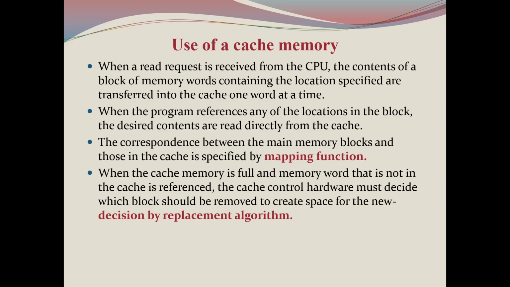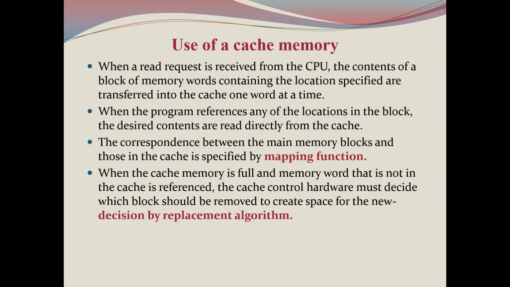So what is the use of a cache memory? When a read request is received from the CPU, the contents of a block of memory words containing the location specified are transferred into the cache one word at a time.